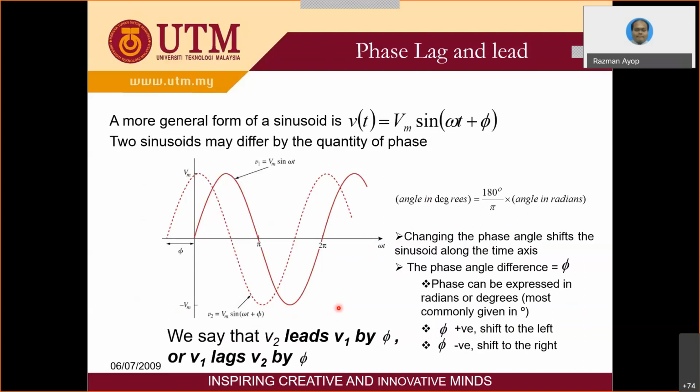Next, you need to know how to differentiate between lead and lag. What is leading and what is lagging? For example here, V1 equals Vm sine Wt. And V2 is Vm sine Wt plus a certain angle.